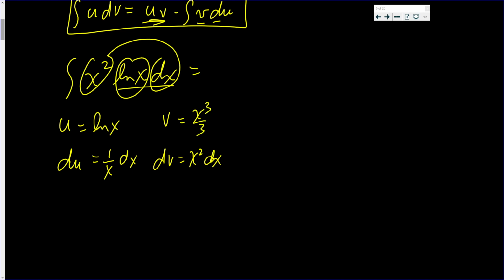So this integral is equal to u times v, x cubed over 3 ln of x, minus v, and we'll put the 1/3 in front, minus v du. And du is 1 over x dx.